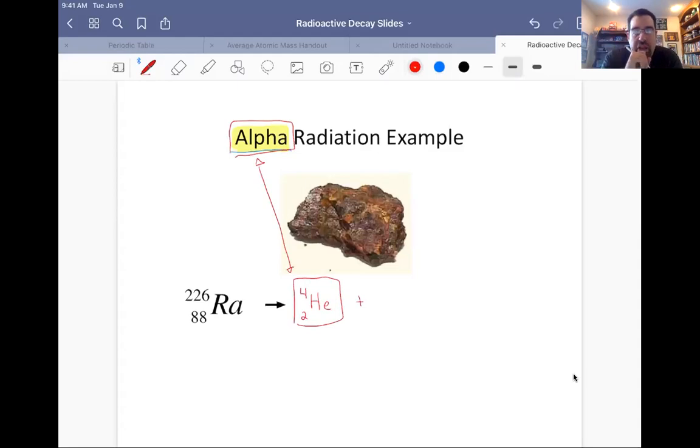Okay, so then what is remaining after this nucleus loses those particles from the nucleus, right? So you can see that the mass number of this isotope is 226. Well, if we lose 4 particles from that mass number, 2 protons and 2 neutrons, what's the new mass number going to be?